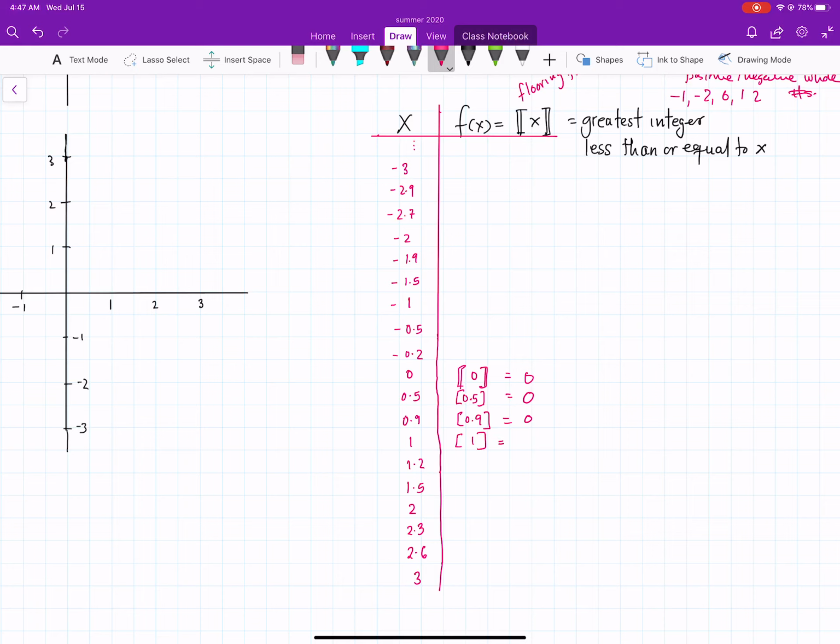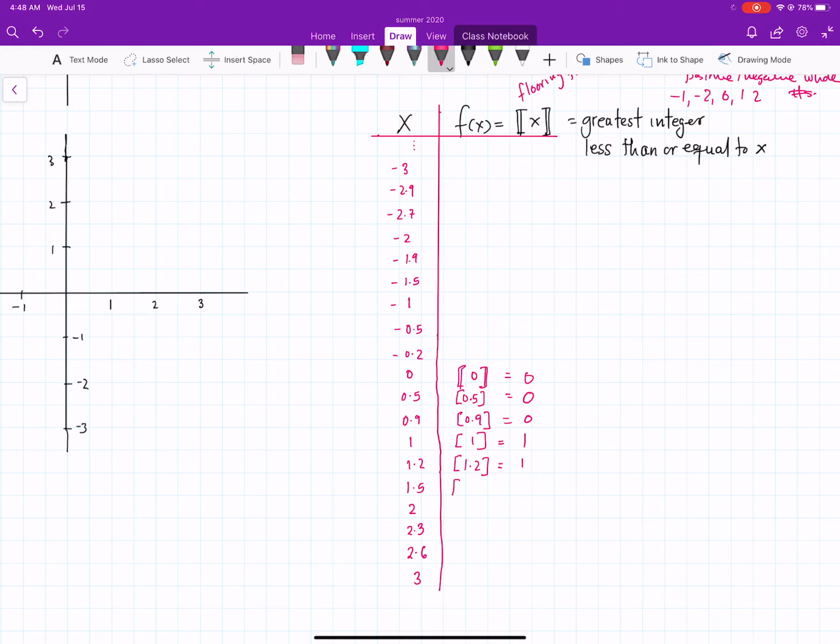The greatest integer that is less than or equal to 1 is 1 itself. Now, when I pick 1.2, what is that integer that is less than or equal to 1.2? It has to be 1.